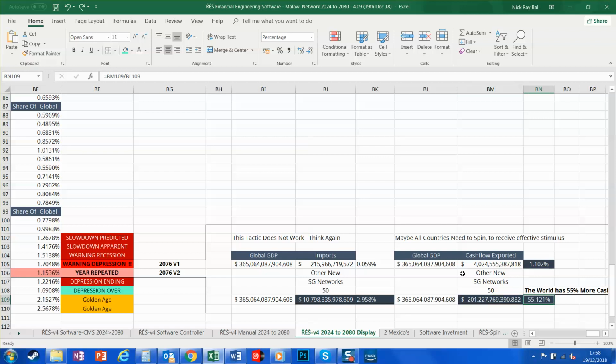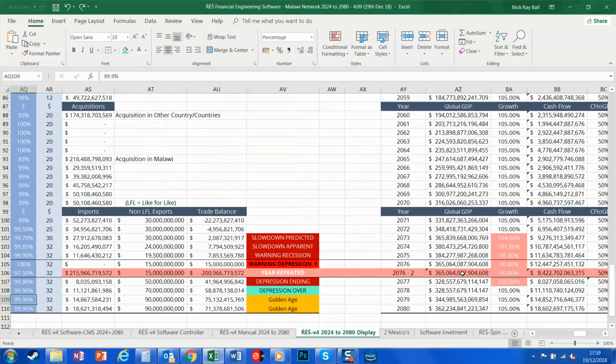So this is the hyperinflation argument, and it's also the argument for countries like the USA and pretty much everywhere else to start their own res economic network zones in their own countries, so that if shit hits the fan, we can deploy this method. Okay.